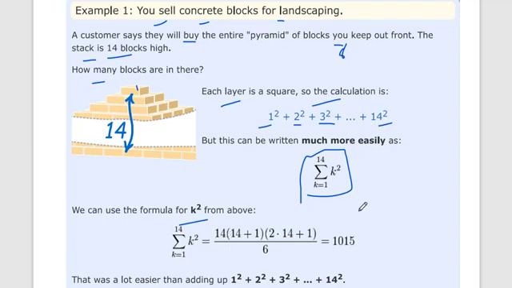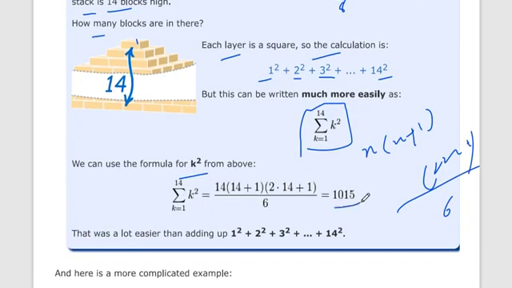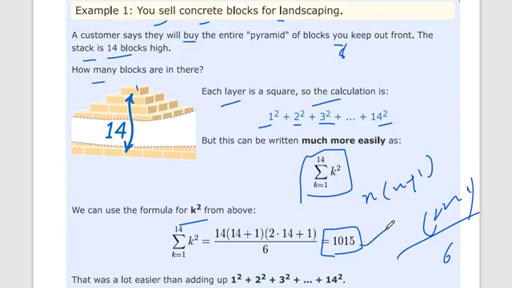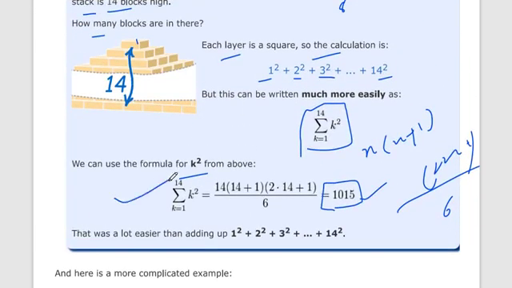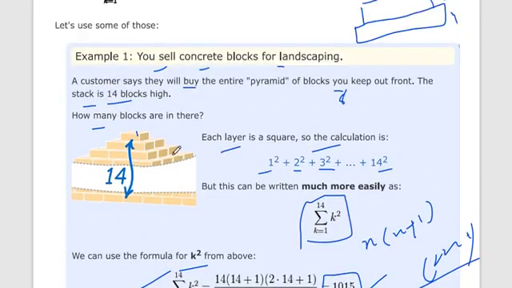So what is the formula? n(n plus 1)(2n plus 1) divided by 6. We only have to put n, or k, equal to 14. From the calculation we get the answer: there are 1015 concrete blocks.